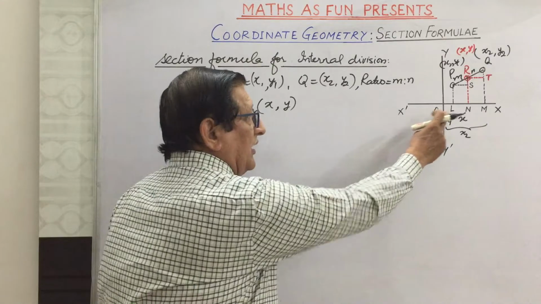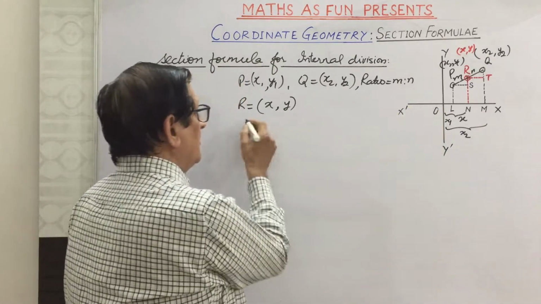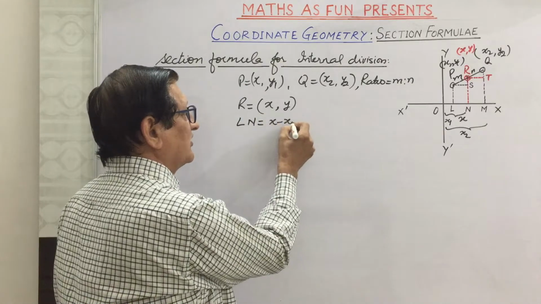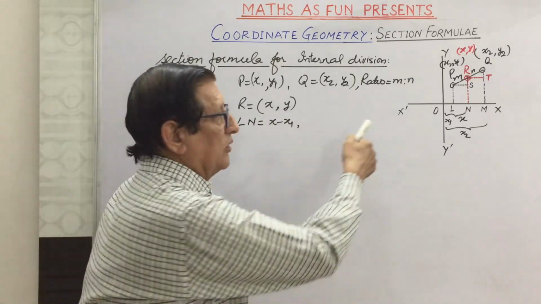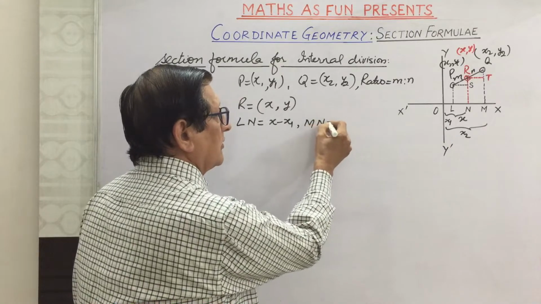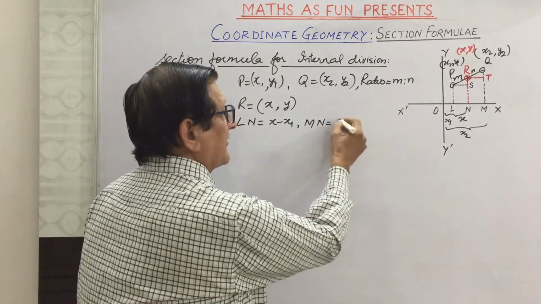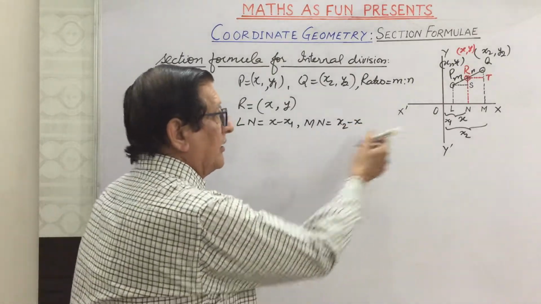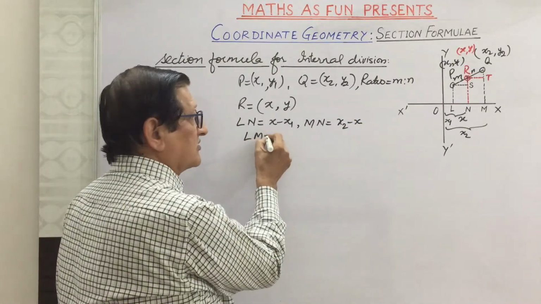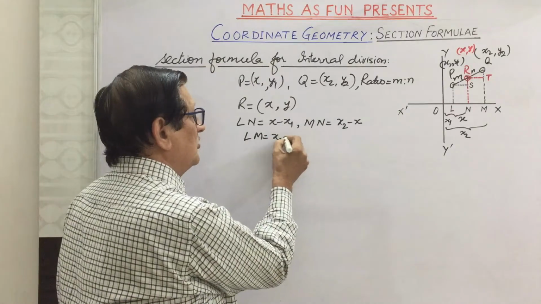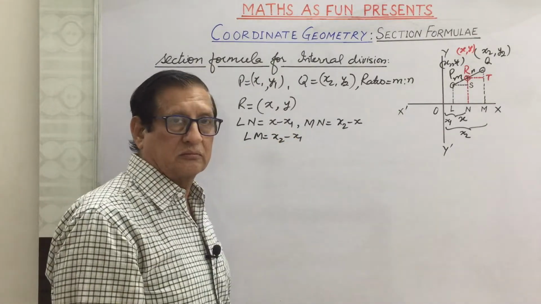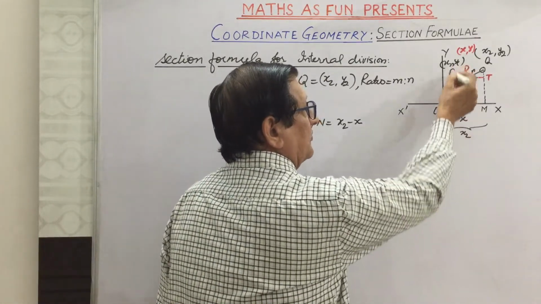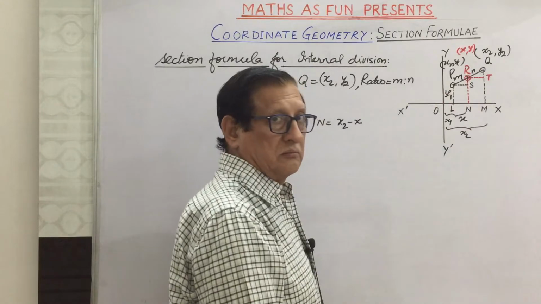Can we find out LN? We can see here LN is equal to x minus x1. What about MN? MN is x2 minus x, and LM is equal to x2 minus x1. Similarly, we can see here PL is the y coordinate of P, that is y1.